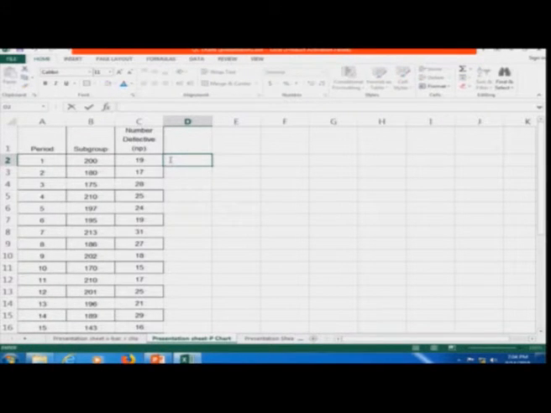The proportion defective is equal to the number of defectives divided by the total number of pieces inspected. If I repeat, the number of defectives, that is 19, divided by the subgroup size, that is 200. Enter.